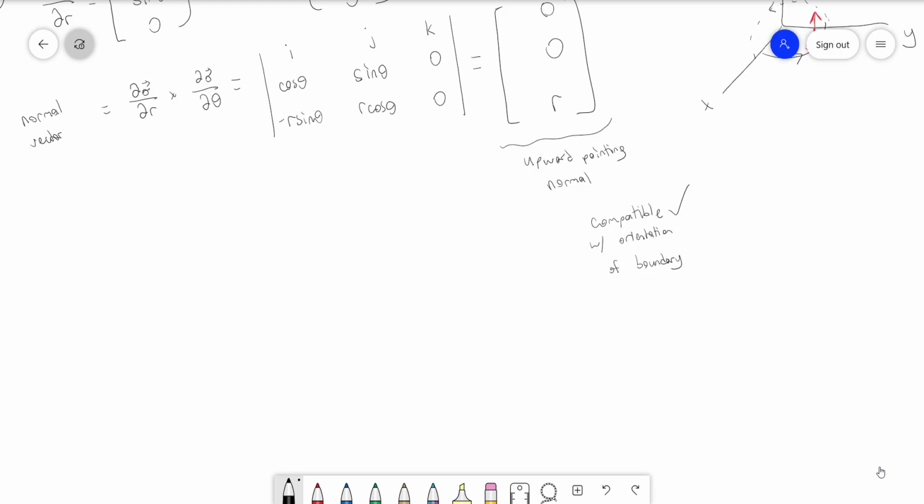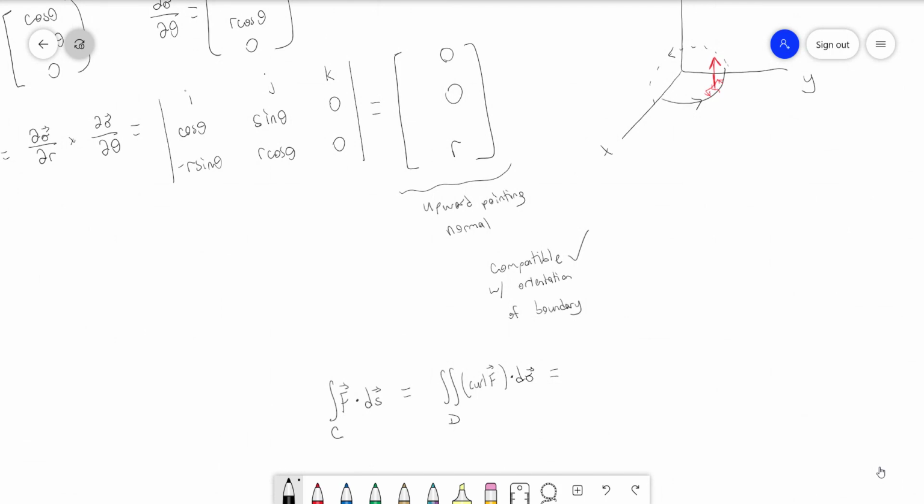So in other words, I can now evaluate the line integral of f as being equal to the flux integral of the curl of f. Specifically, I can evaluate this flux integral using the orientation we chose for the disk, because this parameterization yielded the normal vector pointing in the appropriate direction.